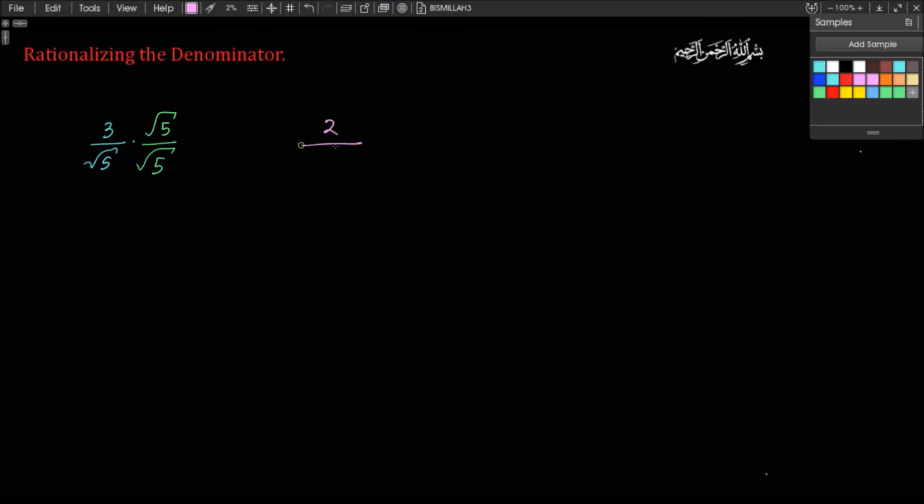You have 2 over 3 plus square root of 5. Now here you have a binomial, so to speak, a 2-term denominator. In this case, in order to get rid of the square root, in order to rationalize the denominator, you would have to multiply the numerator and the denominator by the conjugate of this over here. The conjugate of 3 plus square root of 5 is 3 minus square root of 5.